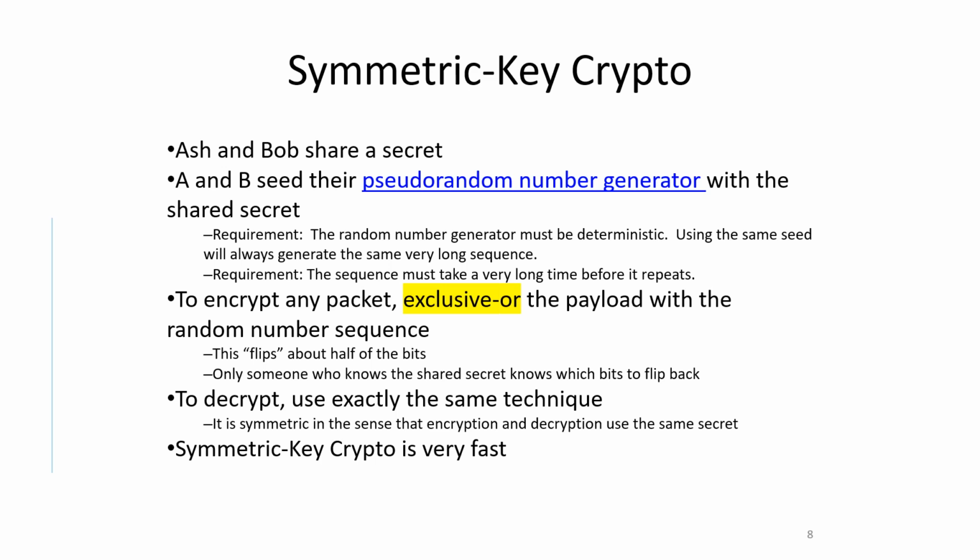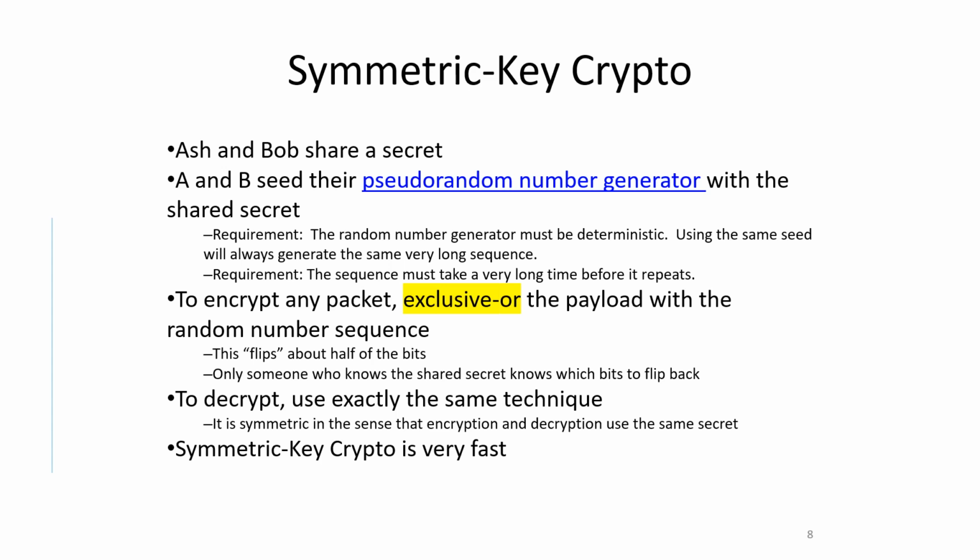So this is symmetric key cryptography. That means that I'm going to use the shared secret to do the encryption, and you're going to use exactly the same shared secret and exactly the same exclusive OR technique to undo the bit flipping that I did.